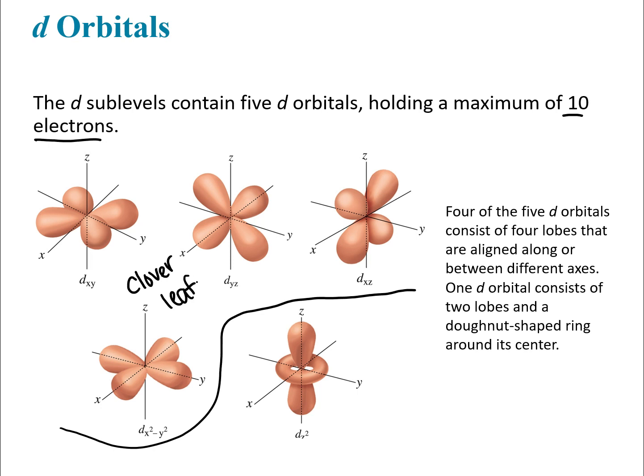But then the 5th one, it's kind of like a p orbital plus a donut. And that's the 5th one. It's a little special. Now there are f orbitals, but we're not talking about their geometry. You'll hear about the f orbitals later, but you do not need to know anything about their geometry or their shape.